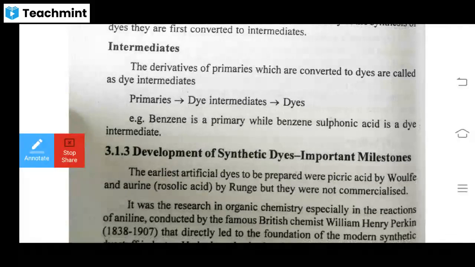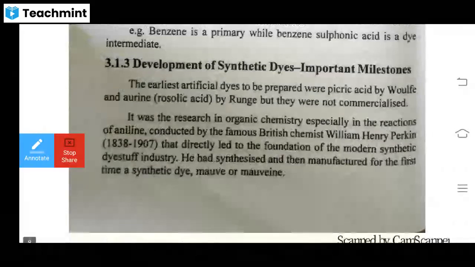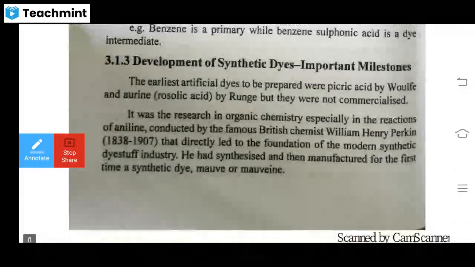An example considered for that is the benzene primary, while benzene sulfonic acid is the dye intermediate and then converted directly into the dye. So depending upon which types of groups are attached, they show different types of colors also.